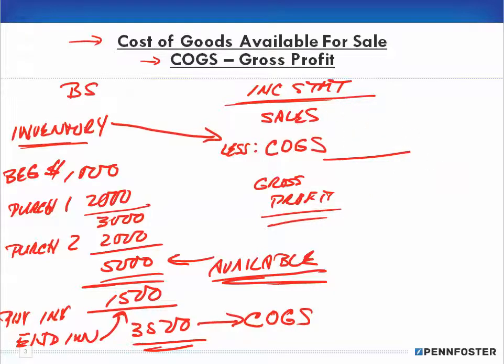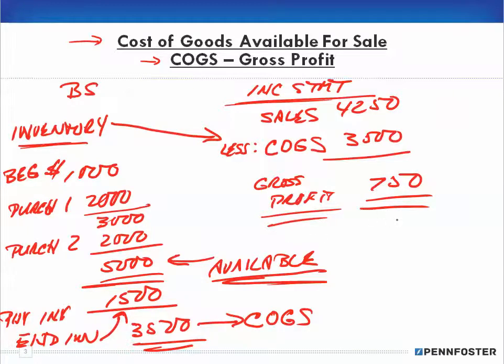So my cost of goods sold for that period of time in the operation of my business is $3,500. And let's just say I sold all of those items for a total of $4,250. So my gross profit on that inventory that I sold would have been $750. That's my gross profit.